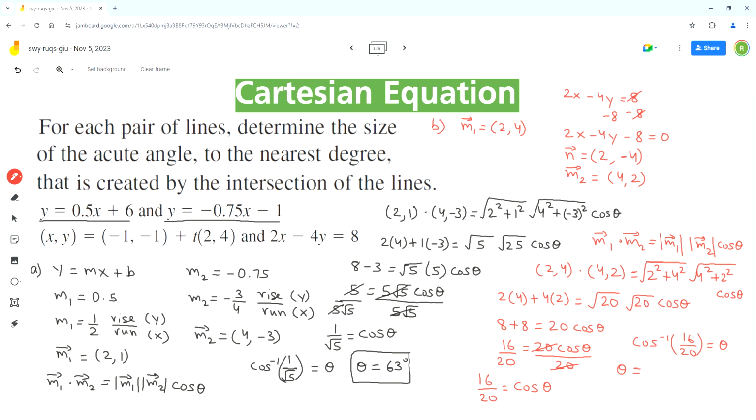So I get almost 37 degrees, because we have to round our answer to the nearest degree. So this is the acute angle between the direction vectors and the lines. So this should be the final answer for the second pair of lines.